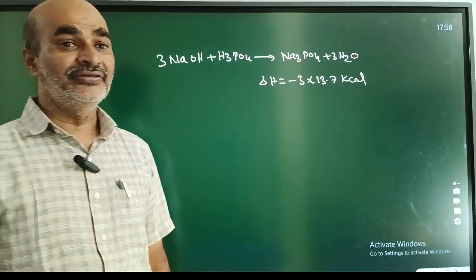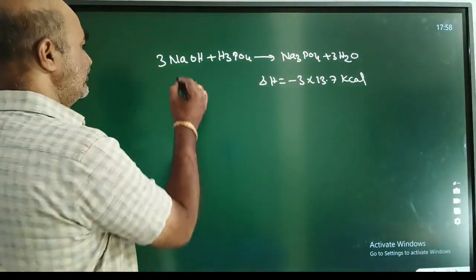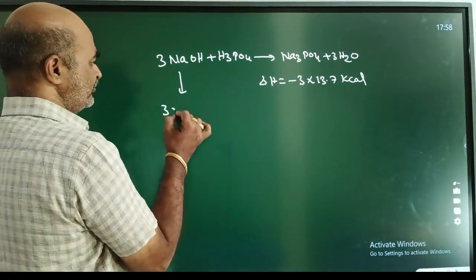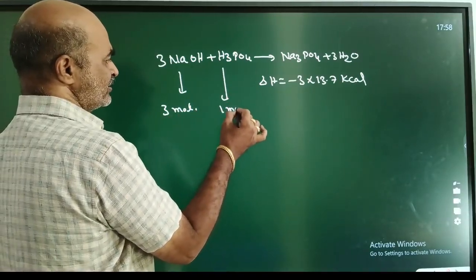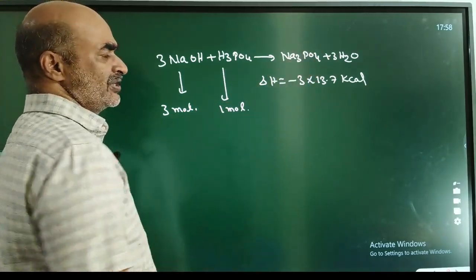If you take 3 moles of NaOH and 1 mole of phosphoric acid, you get 3 moles of H2O.